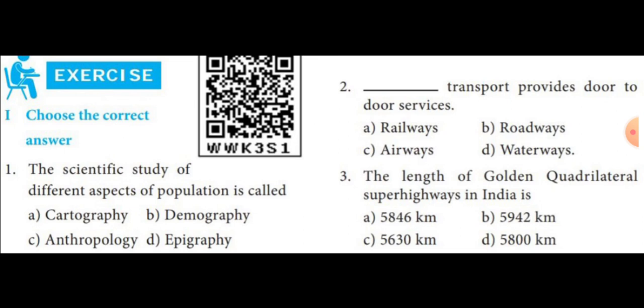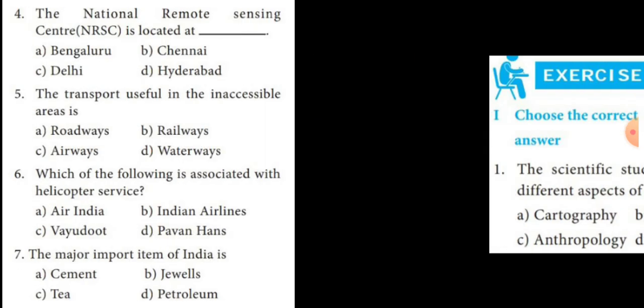Question number 2. Dash transport provides door-to-door services. The answer is roadways, B option. Number 3. The length of golden quadrilateral superhighways in India is 5,846 kilometers.